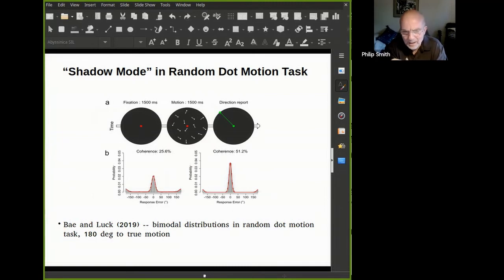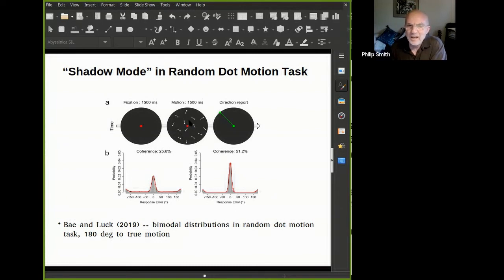Bay and Luck published a paper on this in 2019. This figure is from Bay and Luck's paper. This is the standard random dot motion task where the decision maker is required to identify the direction of a coherent motion in a cloud of randomly moving dots.